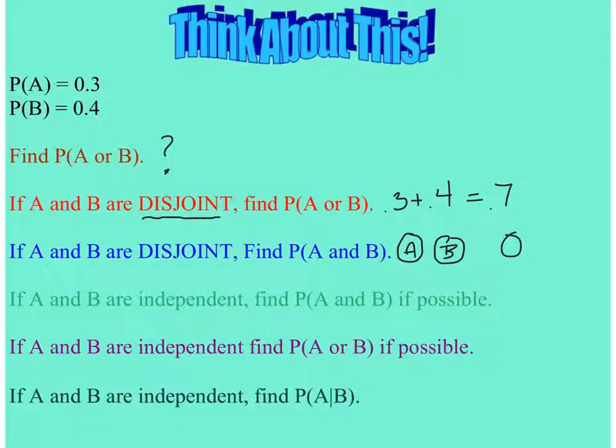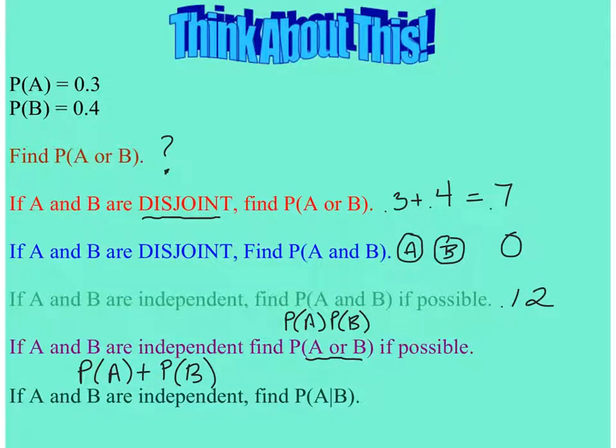If A and B are independent, find the probability of A and B. Well, we can do that because remember, independence means to find the probability of A and B, we simply multiply. 0.3 multiplied by 0.4 is 0.12. If A and B are independent, find the probability of A or B. Well, remember, A or B, this addition rule we had, our modified addition rule was that the probability of A plus the probability of B. Remember, if they're disjoint, you can stop right here.